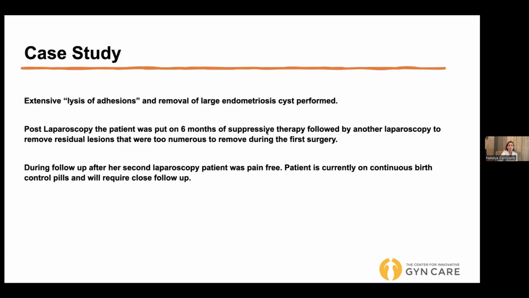You would definitely first get an ultrasound to see if there are any recurrent fibroids or anything obvious on the ultrasound, like an ovarian cyst. And then you would do laparoscopy to treat whatever is going on. The next question is, can endometriosis come back once it's removed during surgery? Yes.